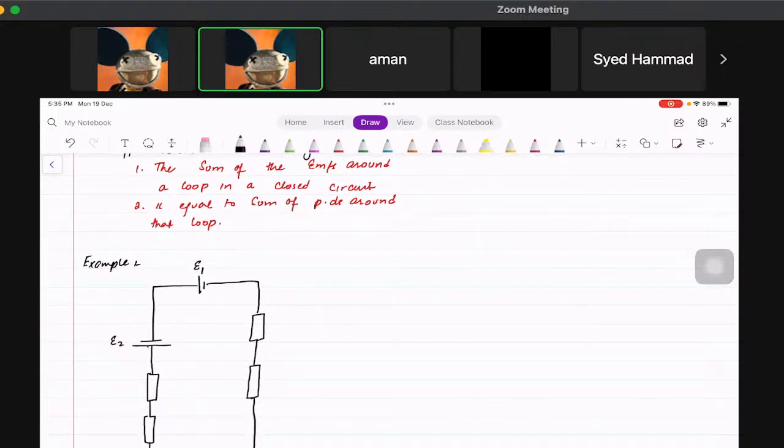This is R1, R2, resistance R4, and R3, like that. If you notice, the positive and negative terminals are here.